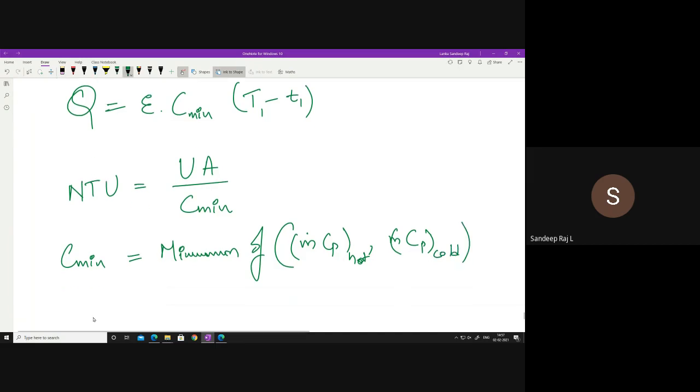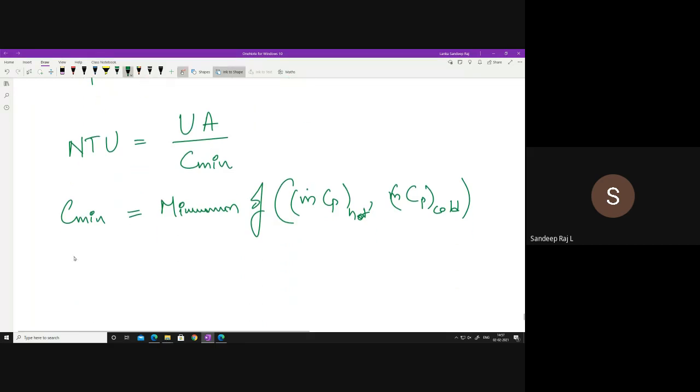So how to get the formula for effectiveness? The effectiveness formula is actually given there. You can take it from that, or you can remember it also.